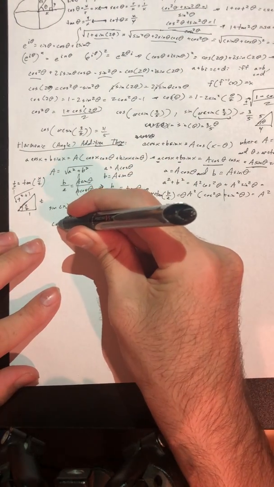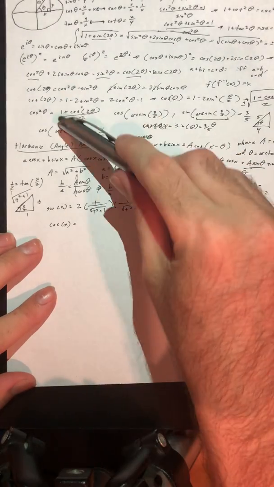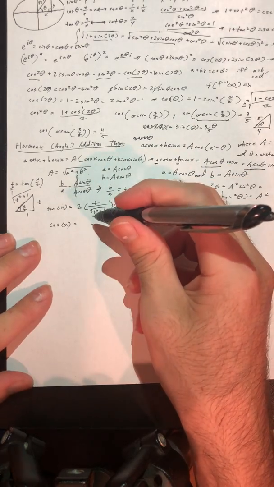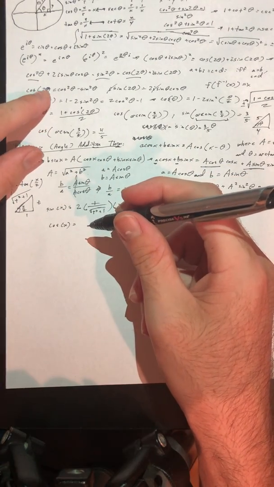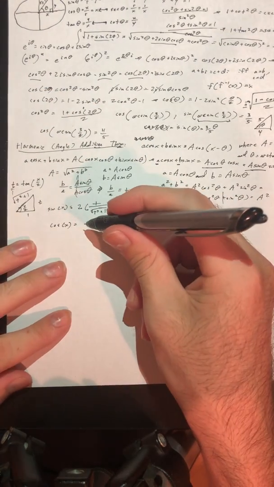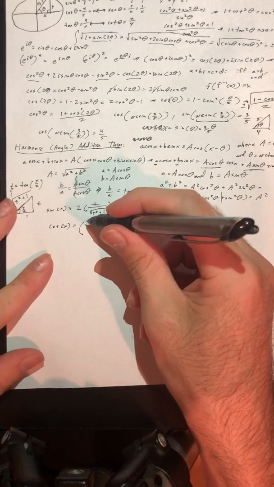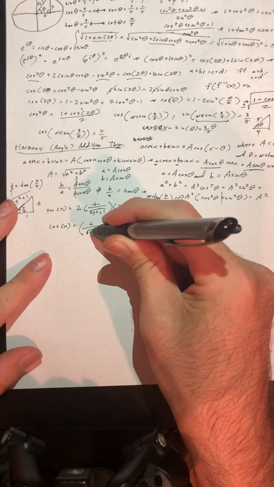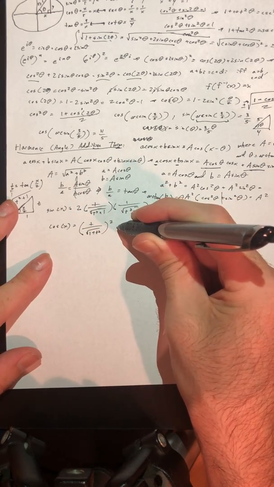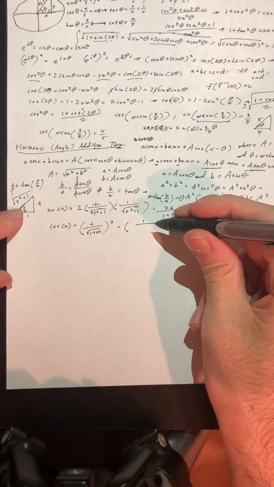And cosine x, what did I say that to be? Cosine squared x minus sine squared x. So cosine 2 theta is that. So cosine theta is cosine squared theta over 2 minus sine squared theta over 2. So we get t over square root 1 plus t squared, minus, wait, have I done this wrong?